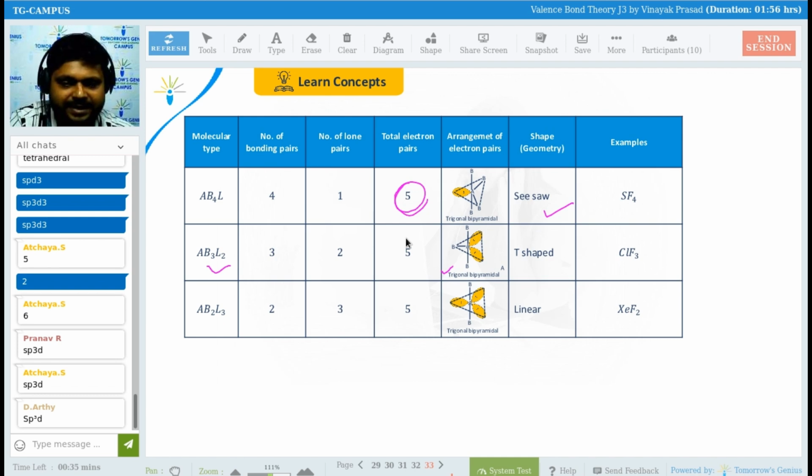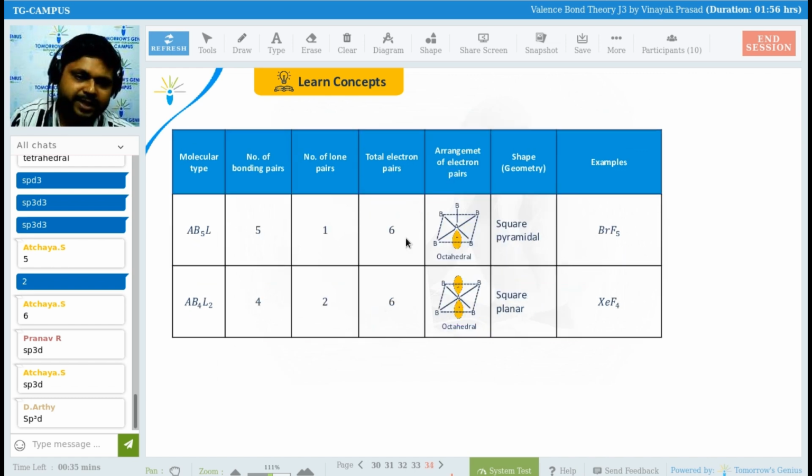Now, here again you can see AB2L3 type. Again their geometry is trigonal bipyramidal. So the total number of electron pairs is the same, so their geometry will not change, right? But the shape can be changed.